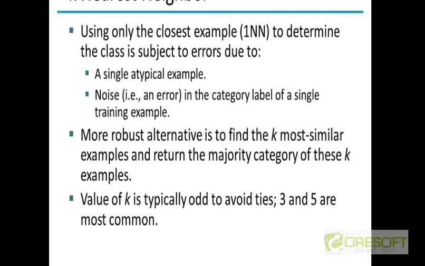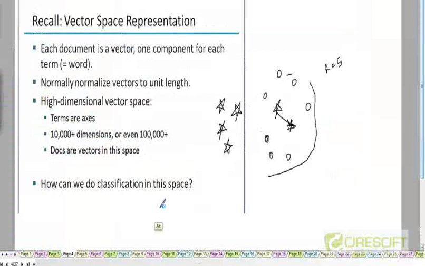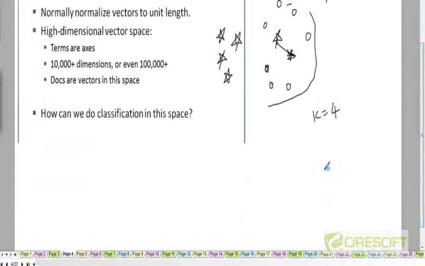Actually, there is a way to favor one class over another class even when there is a tie. Can anybody throw any ideas about how we could do that? So let's say k is equal to 4. There are four neighbors.